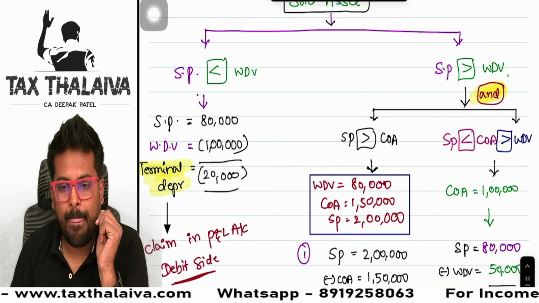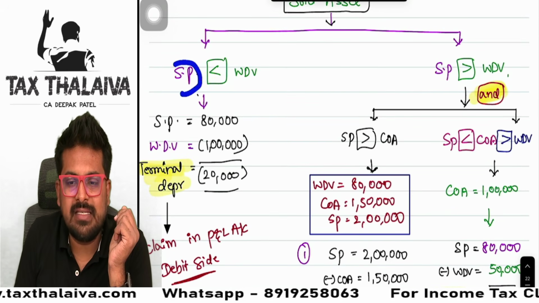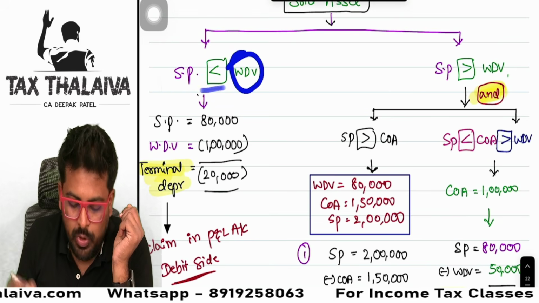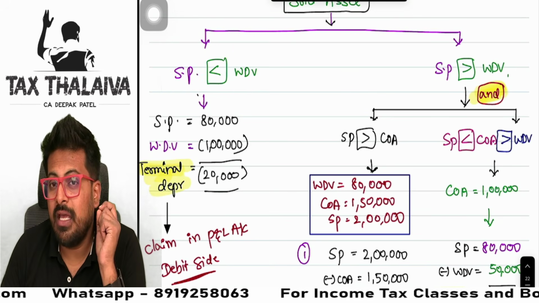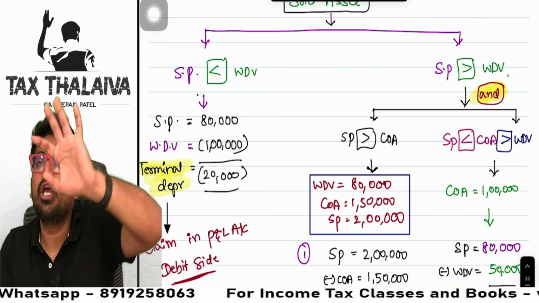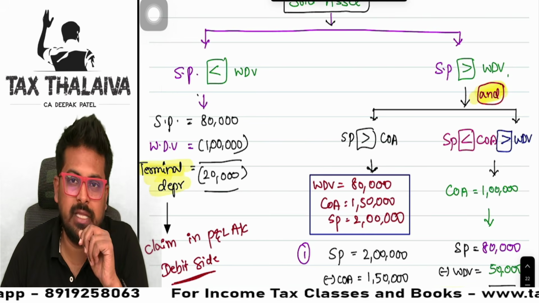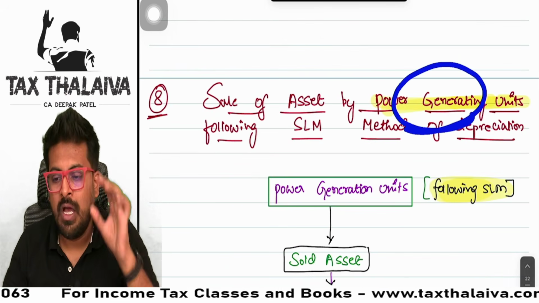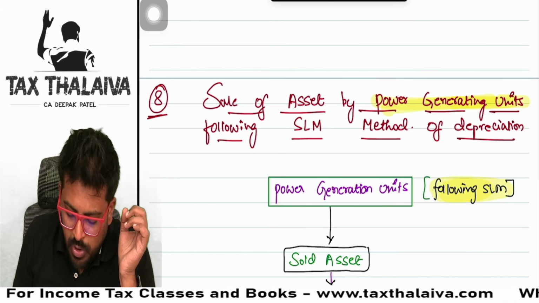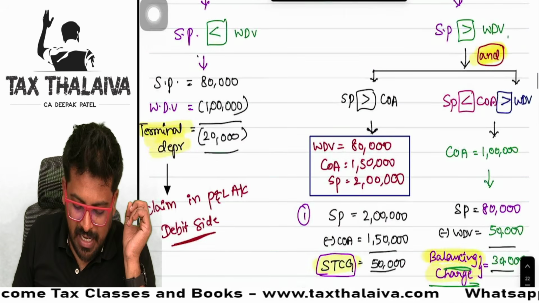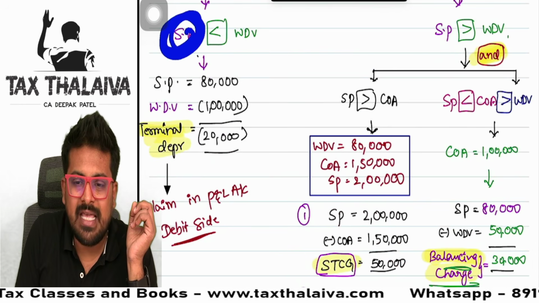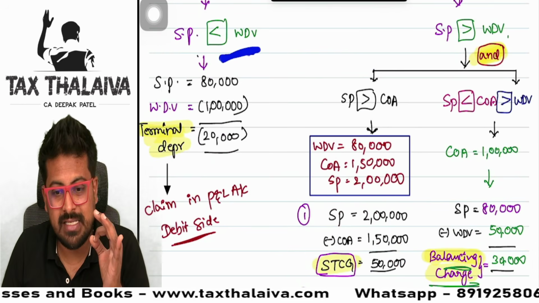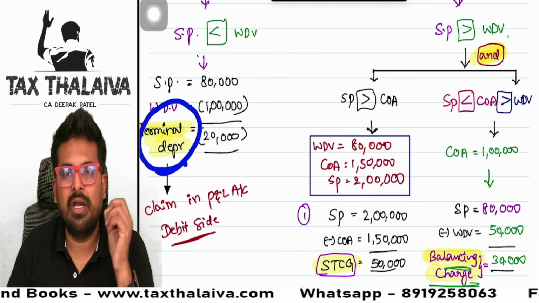Let's say you are selling an asset and the sale price is less than WDV. You will be thinking it should become a short-term capital loss, but that is not correct, because this is a special case for power generation units following the SLM method. If the asset is sold for less than the WDV, terminal depreciation will come.